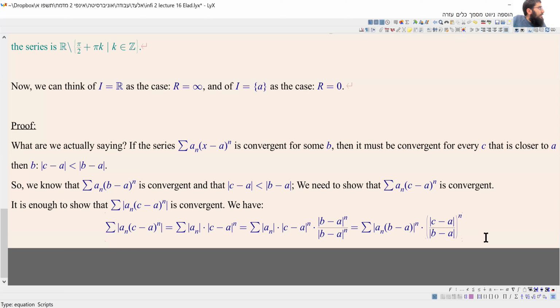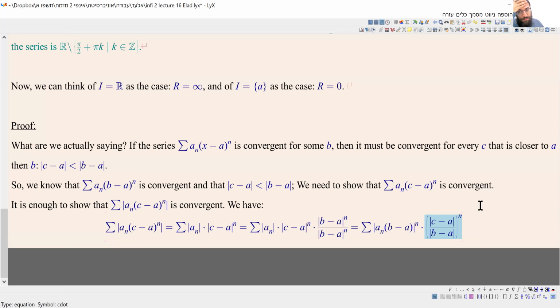Well, what do we have here? If we look only at this expression, it goes to zero because it is smaller than b, and it goes to zero when n goes to infinity, but we know something even stronger.